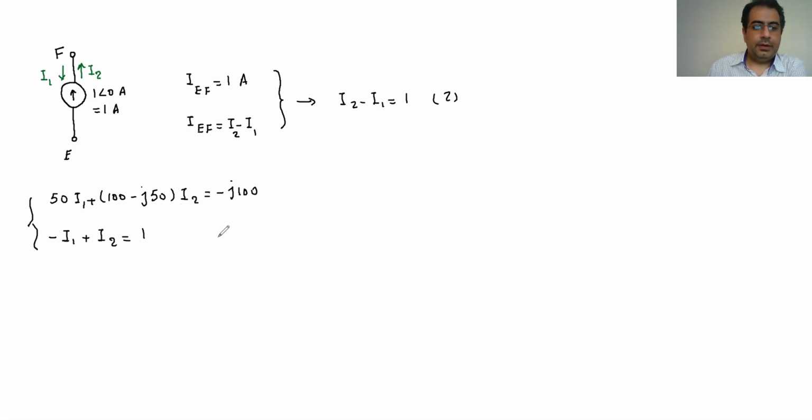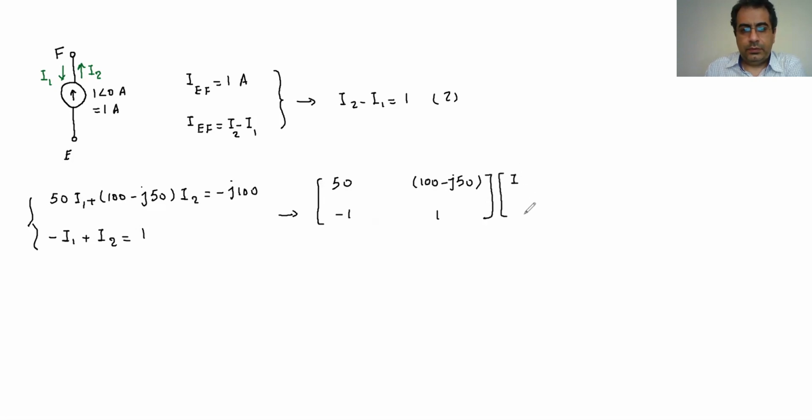Now I have this system of equations, so in matrix form I have 50, 100 minus j50, negative 1, 1, times I1 and I2, equal to negative j100 and 1.